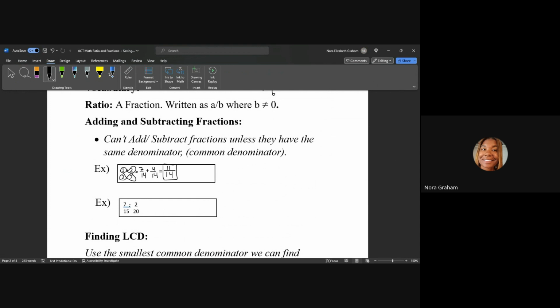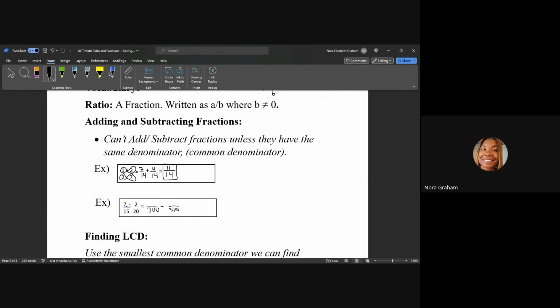Okay, we're going to do this one the same way, and then we'll look at how we do it with finding the least common denominator. So for this one, I could multiply both my denominators together. 15 times 20, that's going to give me 300. And then again, I use the cross method to find my numerators, my top numbers.